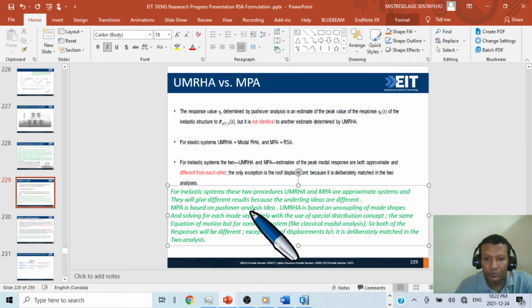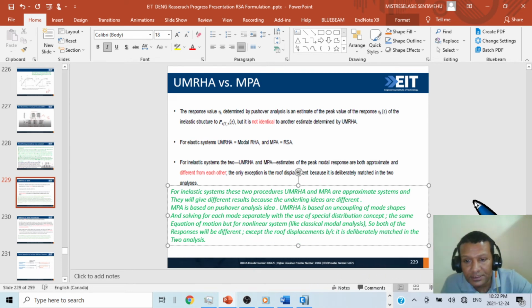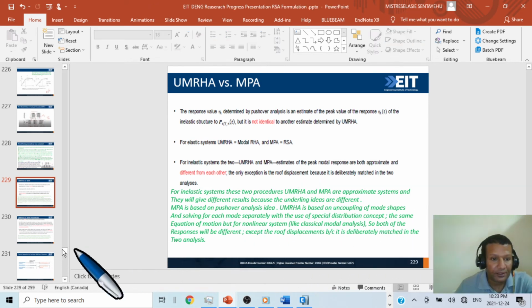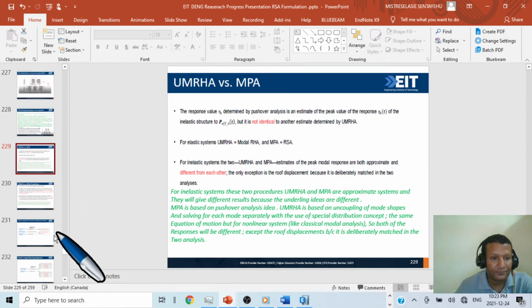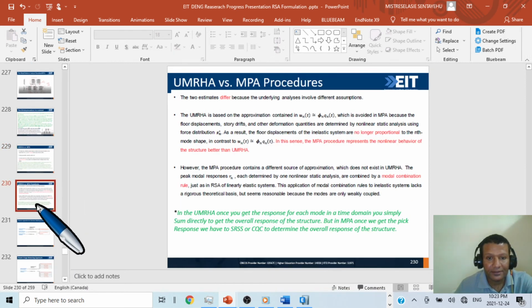MPA is based on the pushover analysis idea. UMRHA is based on the uncoupling of modal equations and solving for each mode separately with the use of a spatial distribution concept, the same equation of motion but for a nonlinear system like the classical model. So both responses will be different, except the roof displacement, because it is deliberately matched in the two. Okay.